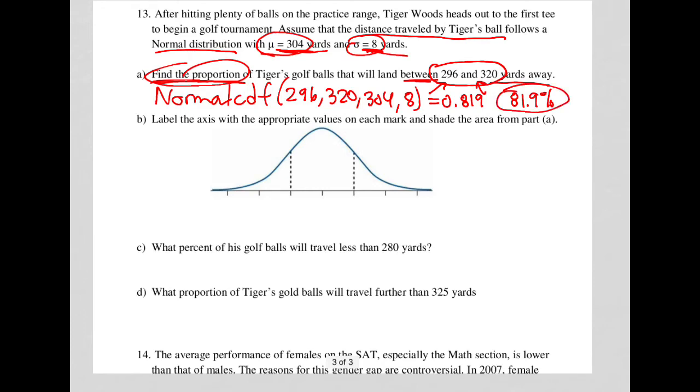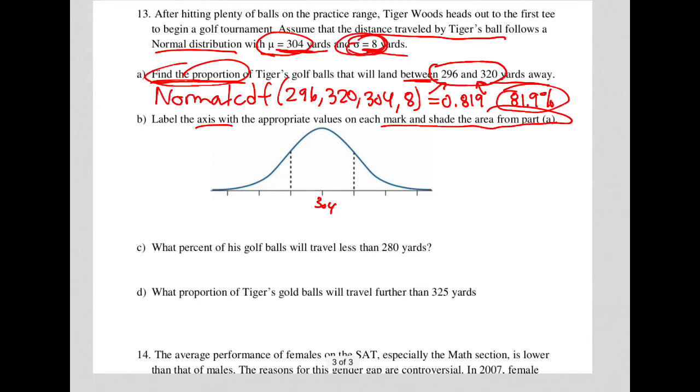So letter B says label the axis appropriately on each mark based on our part A. So basically, we know the mean goes in the middle. That's 304. Remember, you add the standard deviation to go this way, and we subtract the standard deviation to go that way. So if we add, our standard deviation is 8.